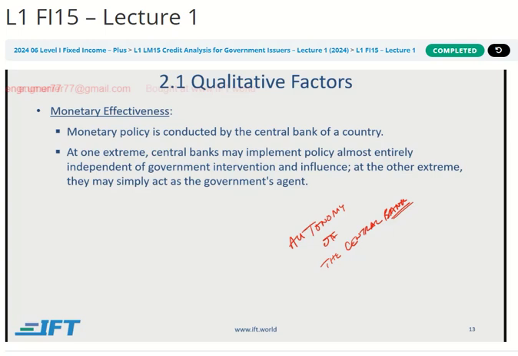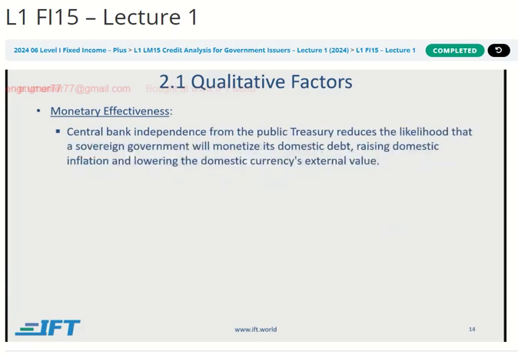So we want the monetary policy to be independent of political influence as much as possible. We don't want government intervention, so that it can be as effective as possible. Central bank independence from the public treasury reduces the likelihood that they will monetize domestic debt, raising domestic inflation and lowering the currency's external value.